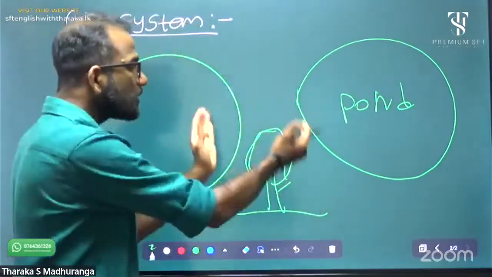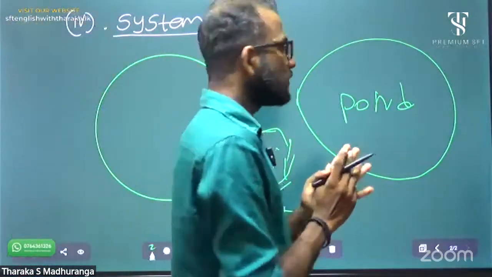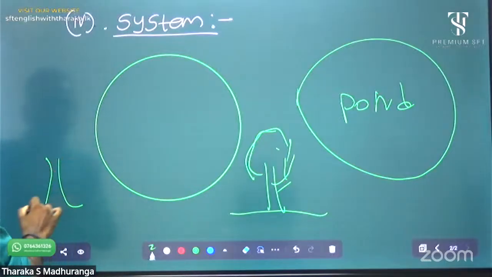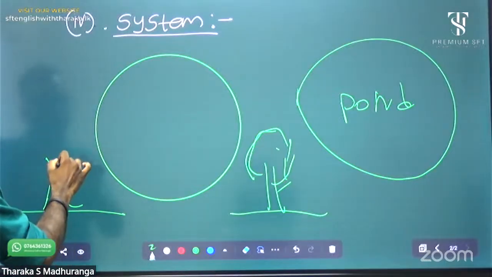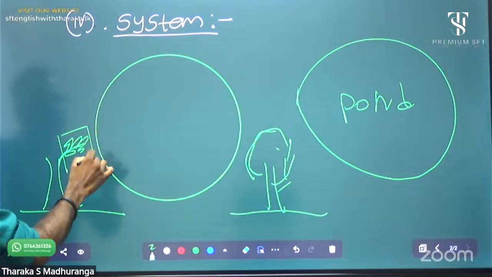Then the plant is the system. If you're doing the experiment on only one branch of the plant, then this branch is a system.